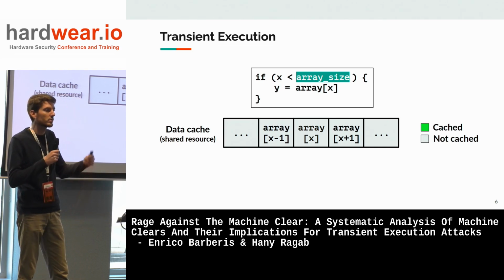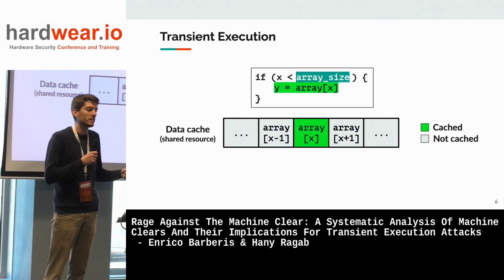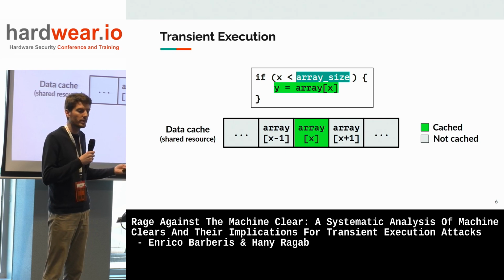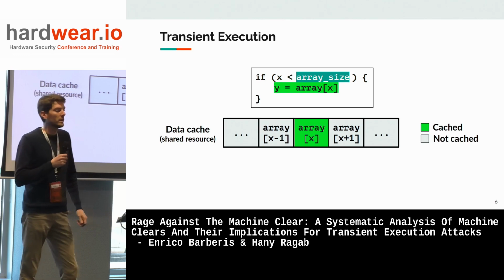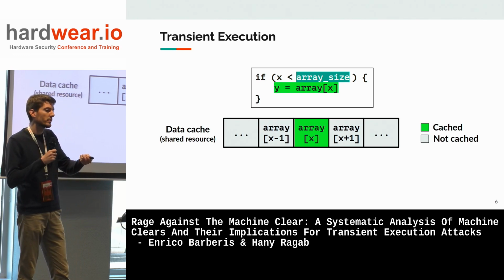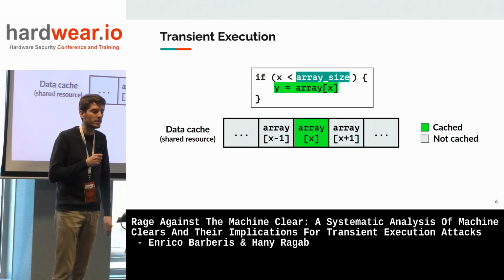So the processor will not stop there. It will try to speculatively guess the outcome of this branch. Let's say that you guess the branch is taken and you execute the inner body of the branch. The inner body is a simple load that will bring array X into the cache.